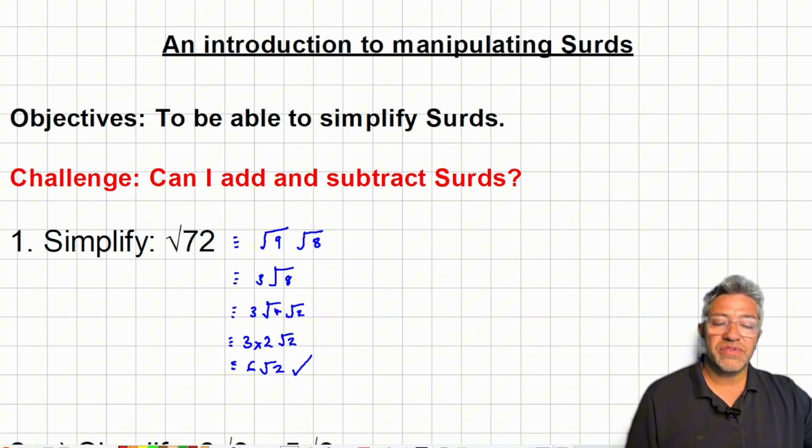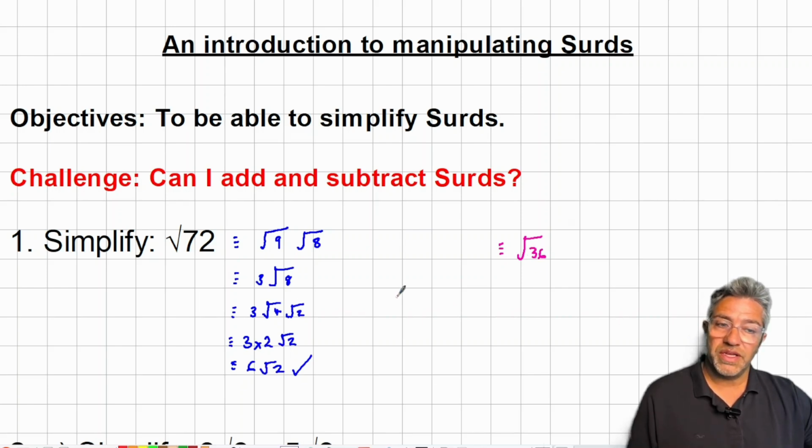However, we could have saved ourselves a lot of bother, because 9 is a square factor of 72, but it's not the highest square factor of 72. If in the first instance we'd taken the highest square factor of 72, well, that's 36.